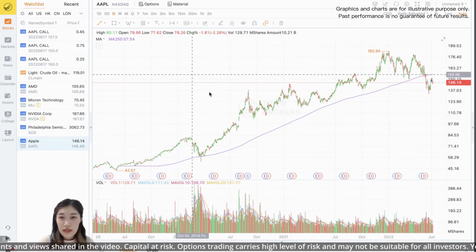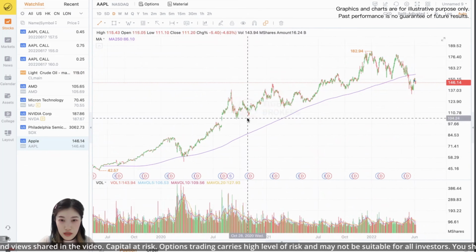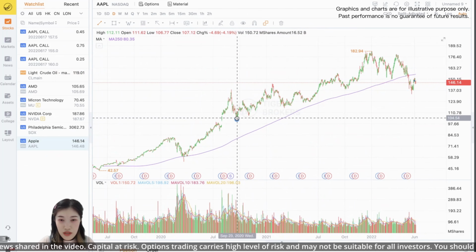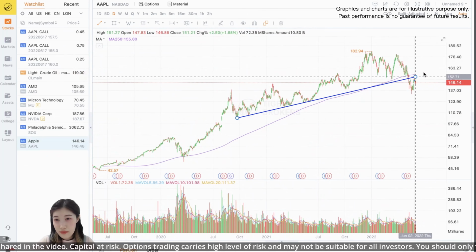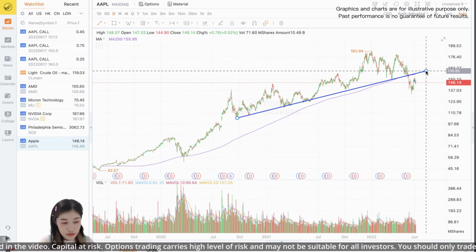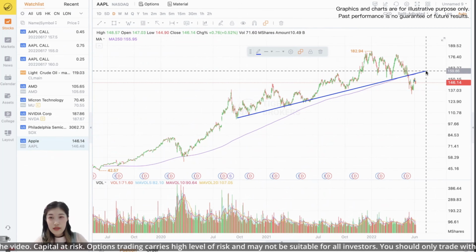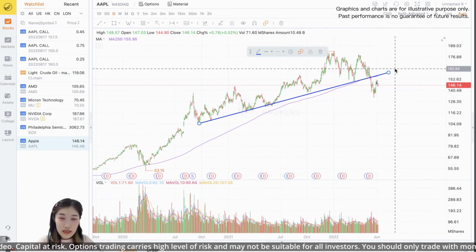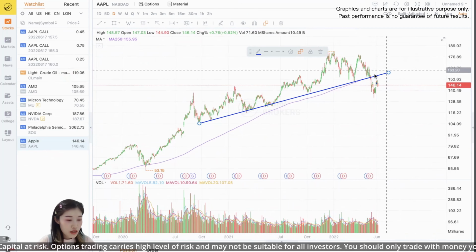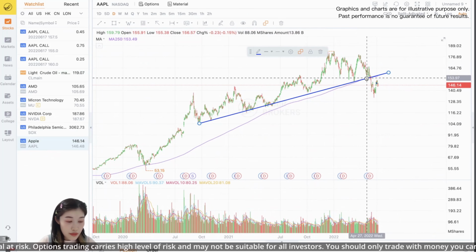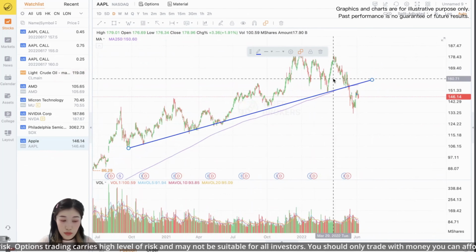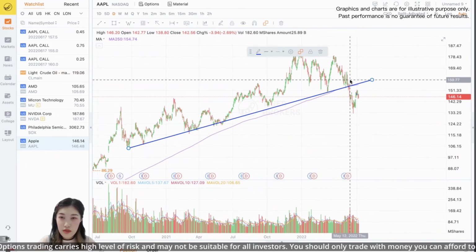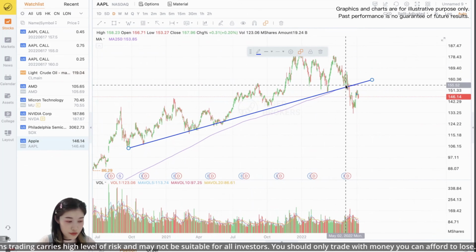Click on the trend line here, and I will place it around September 2020. Now, it is clear from the trend line that shares of Apple have broken down the bullish trend line as well, almost resembling the MA250.